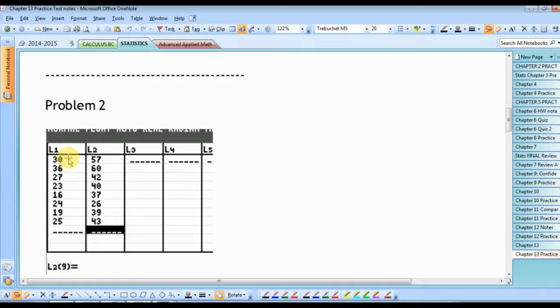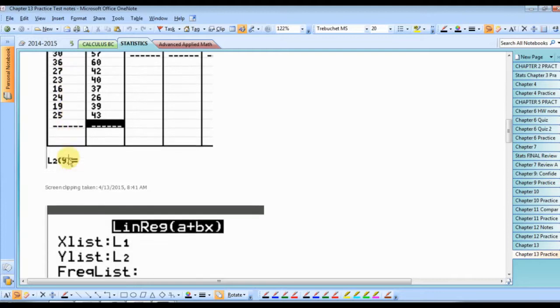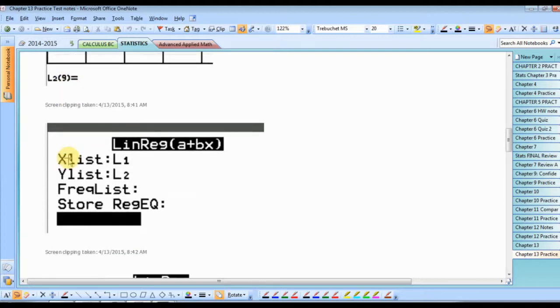Can't do anything without that. Okay, from there, we're going to use the function LinReg a plus bx. Make sure you're doing a plus bx. There are 2 linear regressions that your calculator can calculate. One of them is for stats, one of them is for algebra. You, of course, are in statistics.